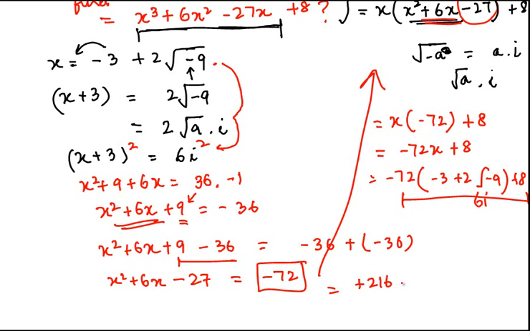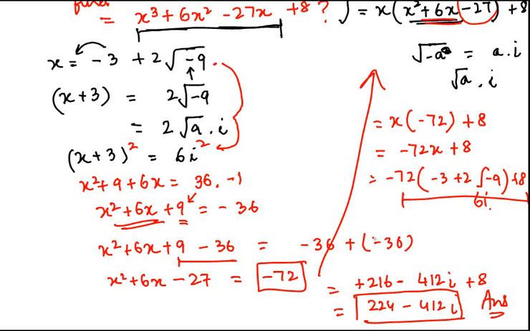So 6i into minus 72 gives you minus 412i, plus 8. Or in other words, this can be written as 224 minus 412i, which is the answer, because this is again a complex number that we have written.